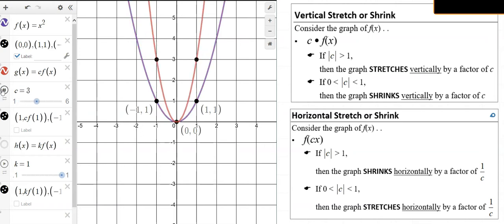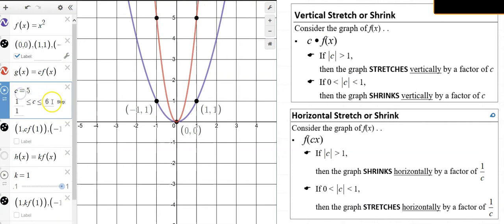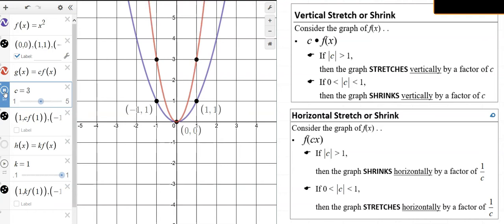The purple graph is the original function, and the red graph is the function given by c times f of x. So let me adjust this right here. I zoomed in and I didn't notice that. Okay, perfect. So again, from the top, the purple graph is the graph of f of x, and the red graph is the graph of c times f of x.